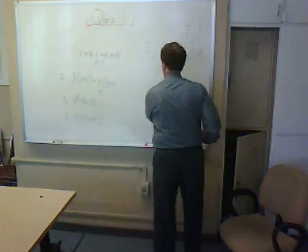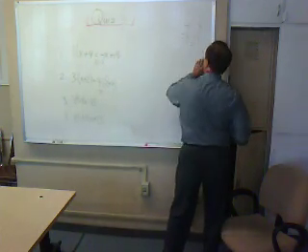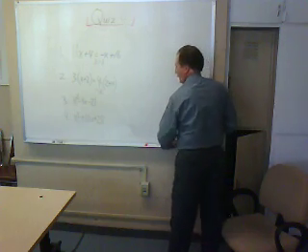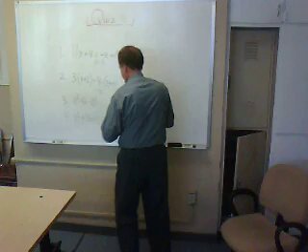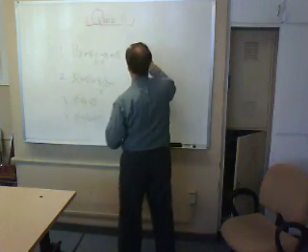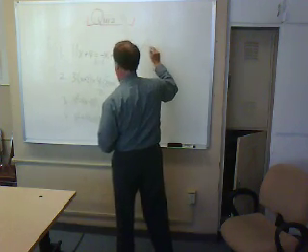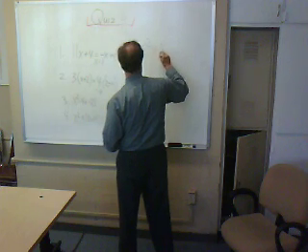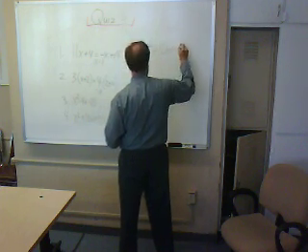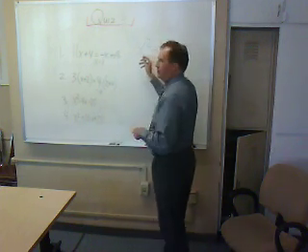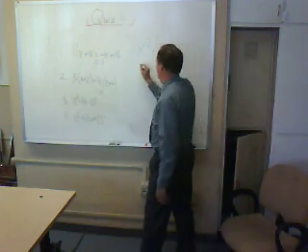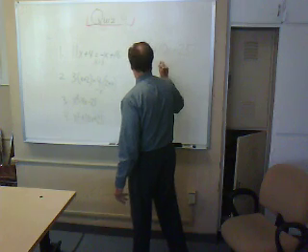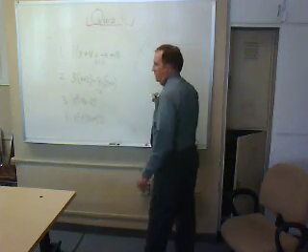I want you to try to do this by yourself. X squared plus 10x plus 25. Can you factor it? What numbers go into these parentheses? Can you do it? Should be pretty easy.